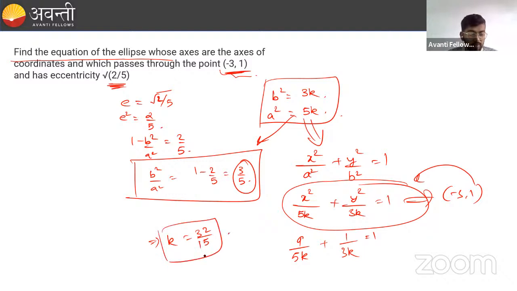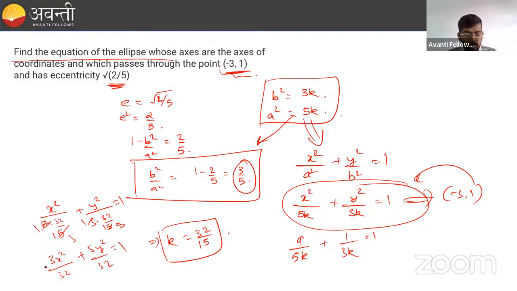Therefore the equation of the ellipse will be x square upon 5 into 32 by 15 plus y square upon 3 into 32 by 15 equals to 1. The 5 cancels and this becomes 3, the 3 cancels and this becomes 5. So the equation of the ellipse will be 3x square upon 32 plus 5y square upon 32 equals to 1.